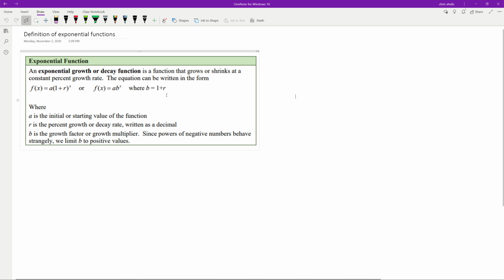And here, a is the initial or starting value of the function, r is the percent growth or decay rate written as a decimal. Very important. We have to make sure that we write these percentages as decimals. And b is the growth factor or growth multiplier. Since powers of negative numbers behave strangely, we limit this b to only positive values.